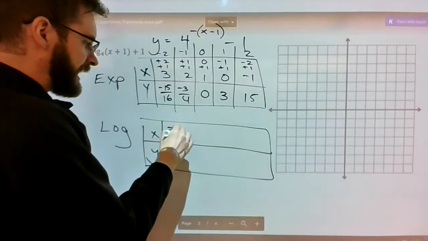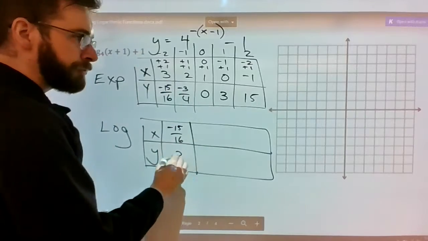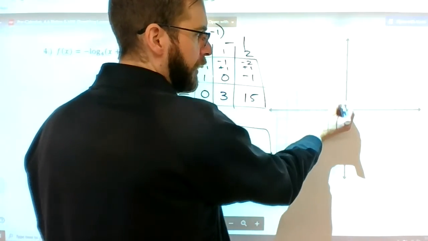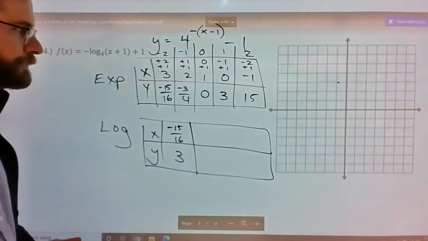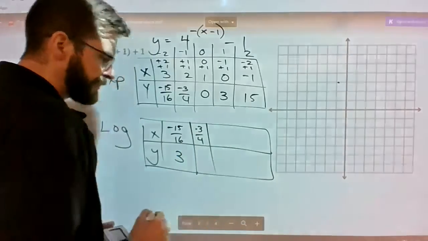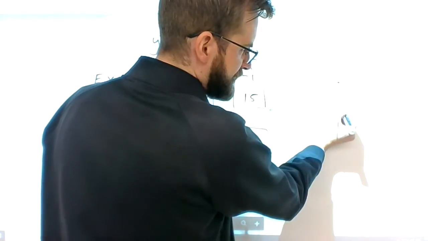So you're plugging in negative 15/16, and you're getting out of that 3. You're going left almost 1 unit, and then plotting the point 1, 2, 3. Then you're plugging in negative 3/4, and you're getting 2. So that's like negative 0.75.